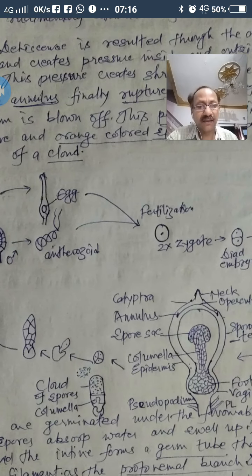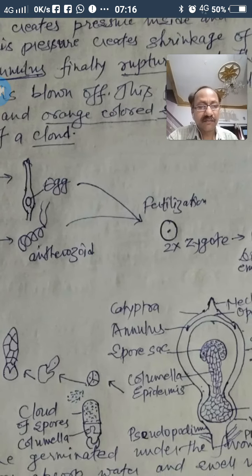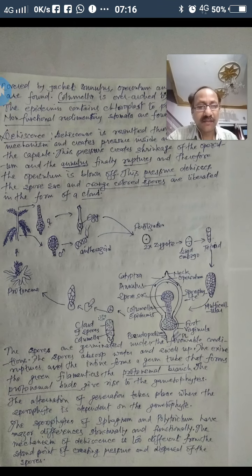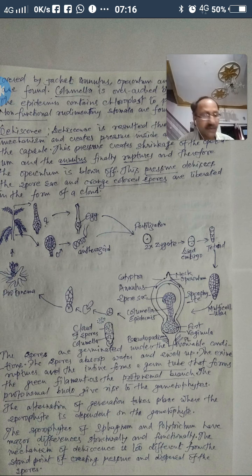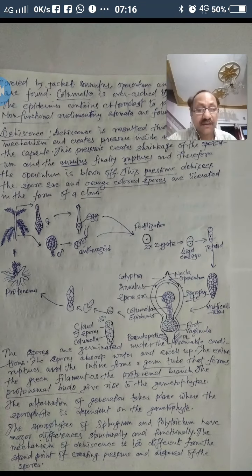The sporophyte is here. The sporophyte with calyptra, operculum, spore sac, columella, foot and vaginula. Pseudopodium is here, but it is somewhat different from Polytrichum and Funaria.